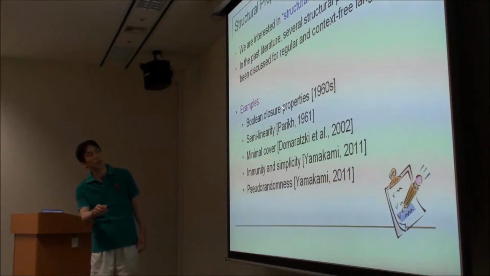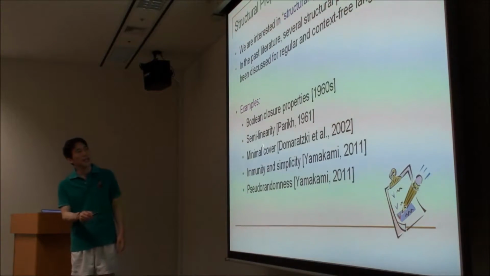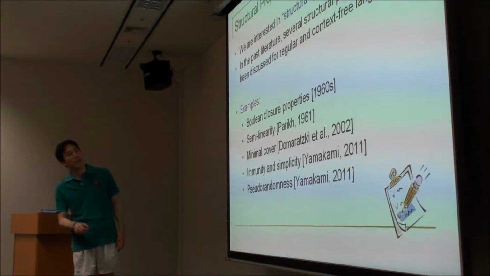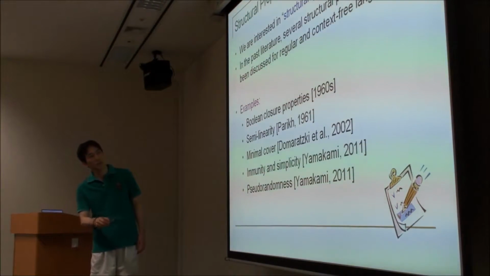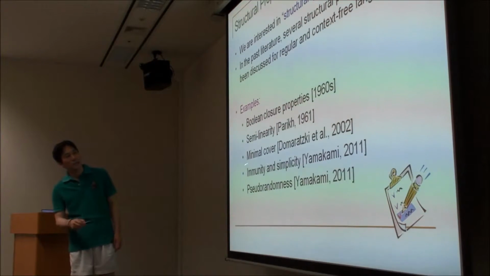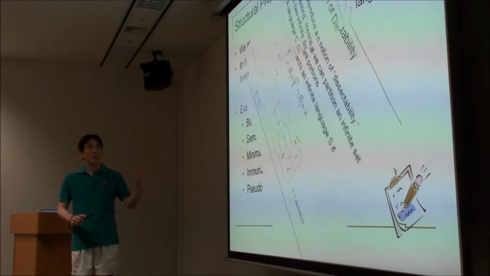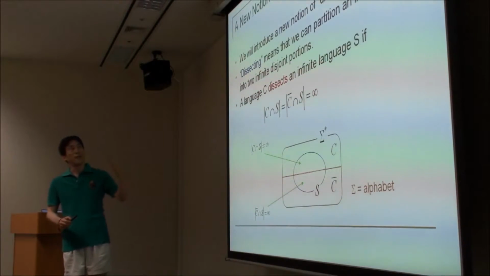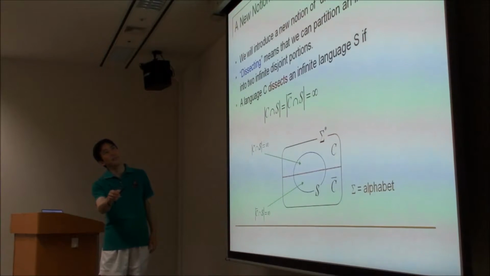For example, the Boolean closure property, discussed in the 1960s, semilinearity by Parikh in 1961, minimum cover, a very recent one, and immunity or pseudo-randomness. Here we are going to introduce another kind of structural property called dissectability.